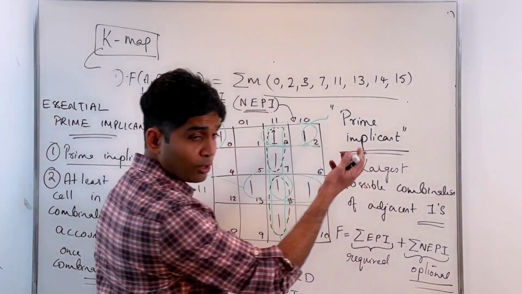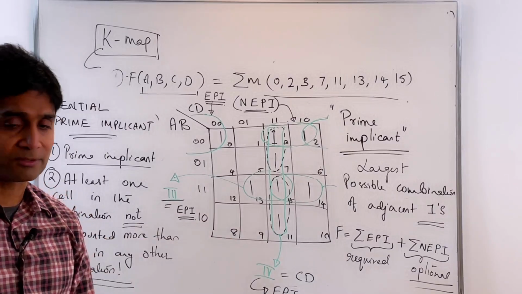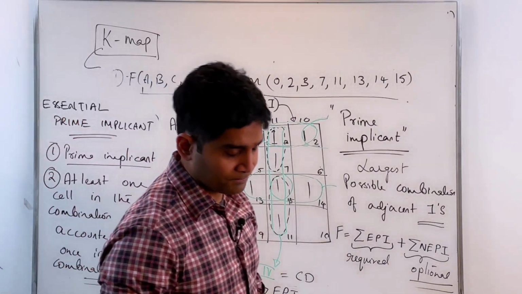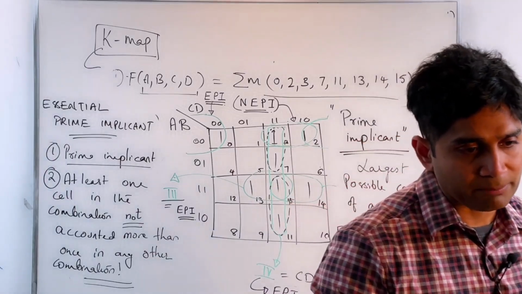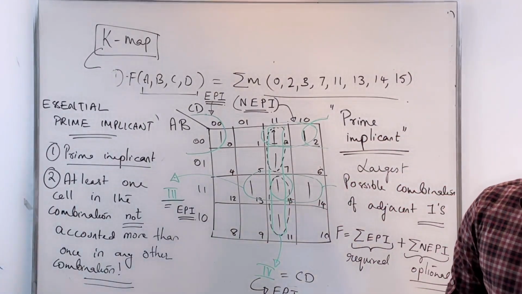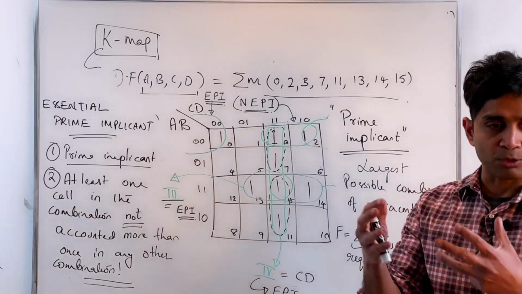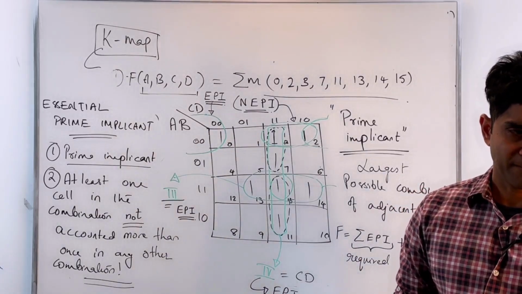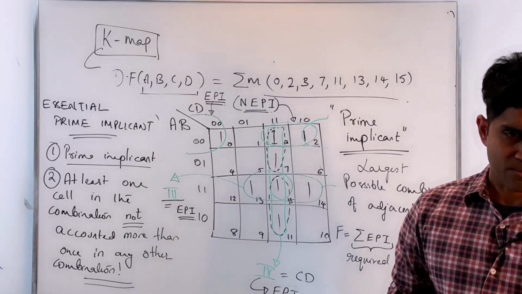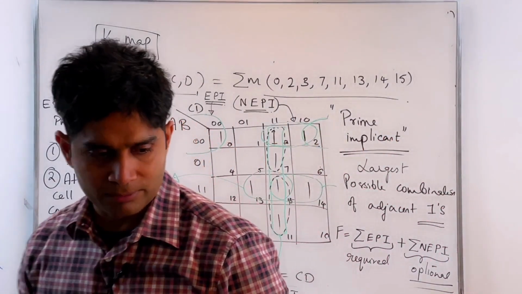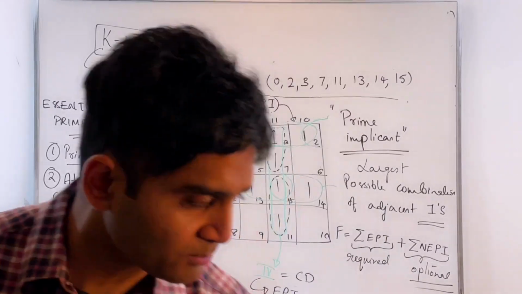In this case, it's definitely optional. I don't have to use any non-essential prime implicants in this particular example. But there are situations where we may have to use some non-essential prime implicants so that I account for all the ones. All right, so let's take another example. Hopefully that will make things clear.